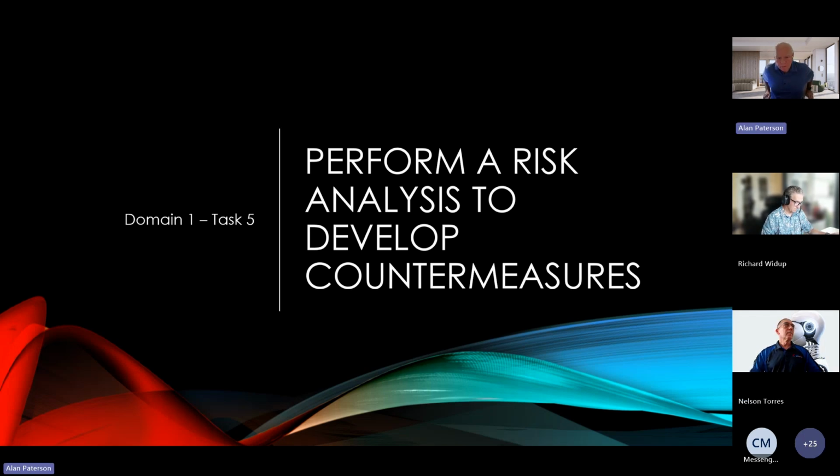Good evening, everyone. Hope everyone is well. As Nelson said, this will finish off Domain 1. This is Domain 1 Task 5, which basically shows us how to perform a risk analysis to develop countermeasures. At the end of this presentation, you should have a clear idea of how to enhance the security of your organization in a real-world context.